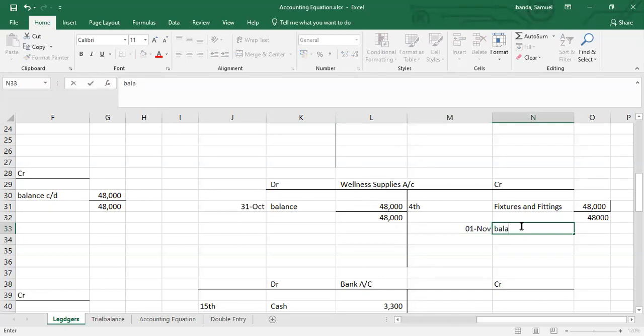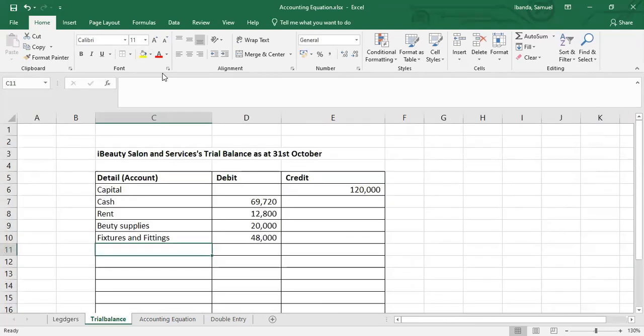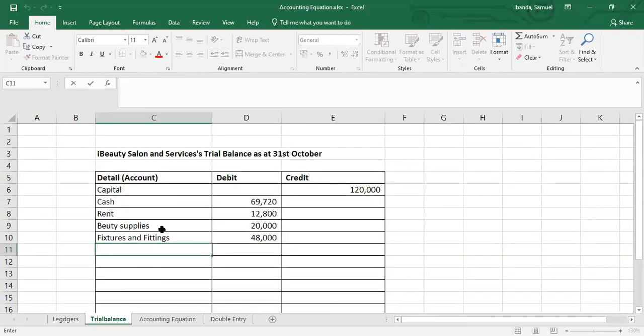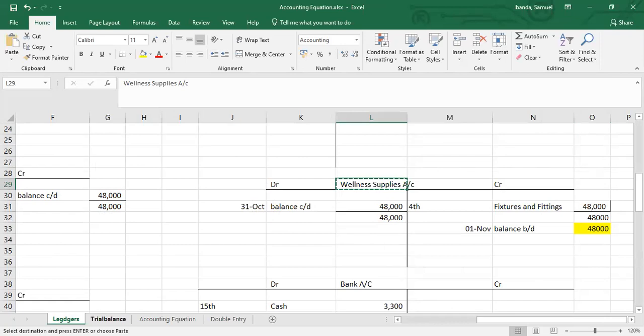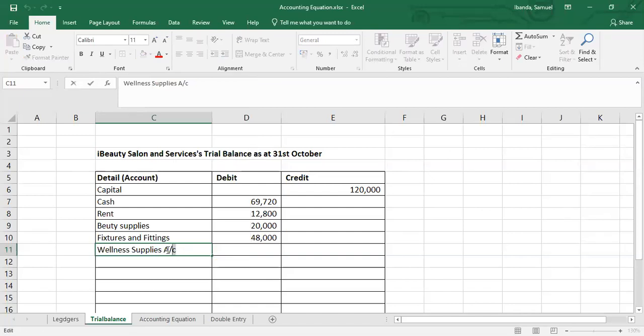But then on 1st November we shall have a balance brought down of 48. Remember, this was balance carried down. So that value I'll transfer into my trial balance, under wellness supplies.